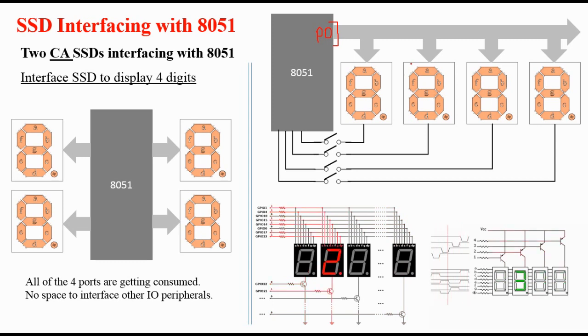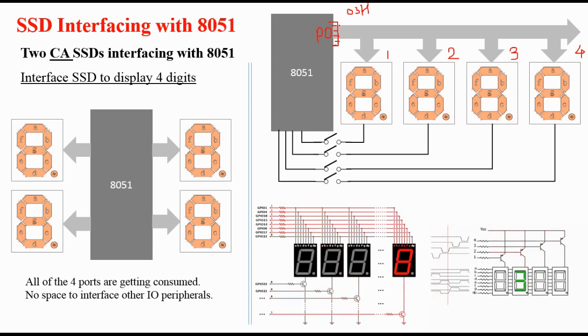It means that let us suppose I want to display 1 on this 7 segment display, 2 over here, 3 on this 7 segment display, and 4 on this one. Initially I will send the code for 1. The code for 1 is 03.